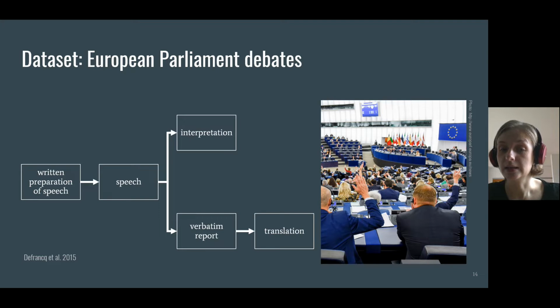And this speech is then at the same time interpreted into all the European Union official languages. And later on, after the plenary has ended, a verbatim report is made of this speech. So the speech is transcribed, edited a little bit, and then translated in all the official languages of the European Union.